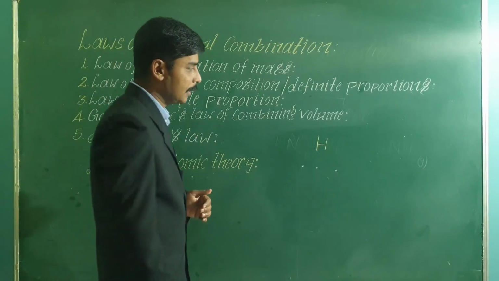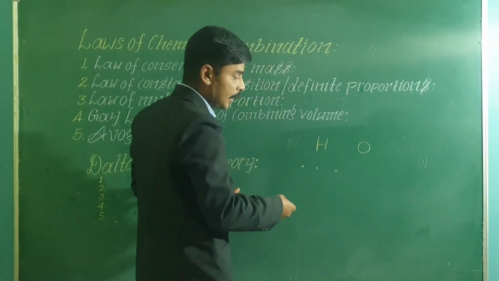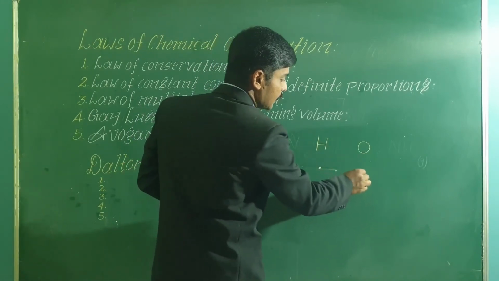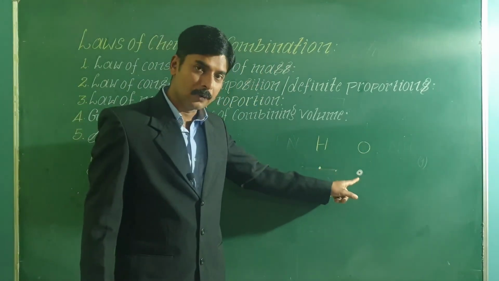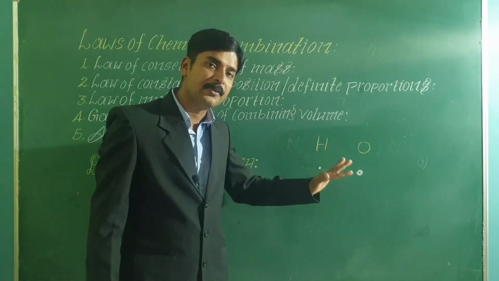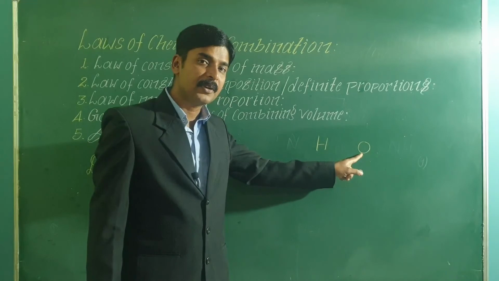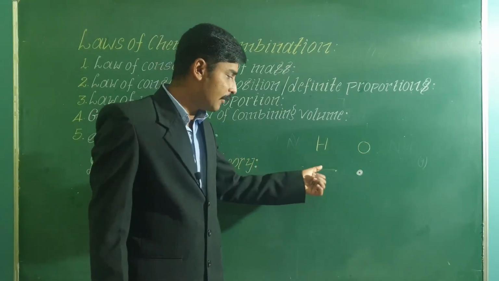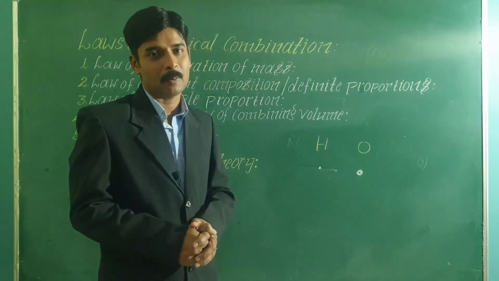The fourth postulate is, let us take hydrogen element and oxygen element. Let me assume that this is the hydrogen atom and this is the oxygen atom. Atoms of different elements will have different properties. That is, they will have different shape, different size and different chemical properties.